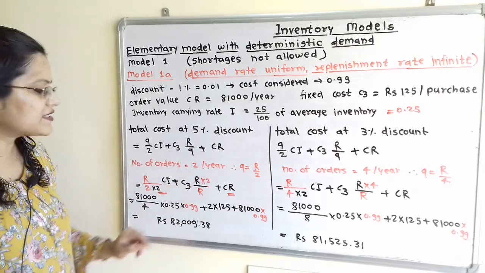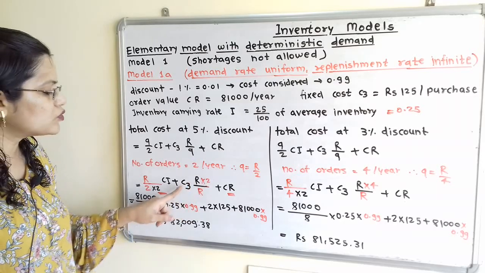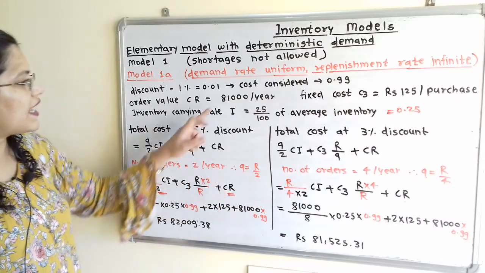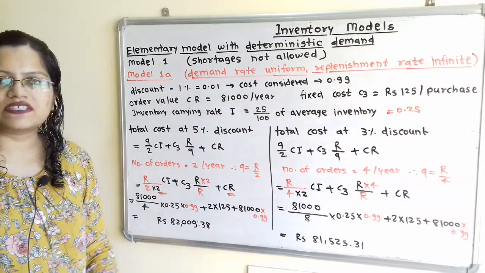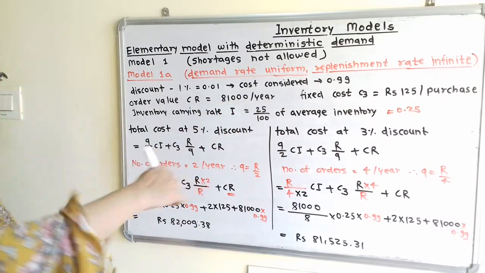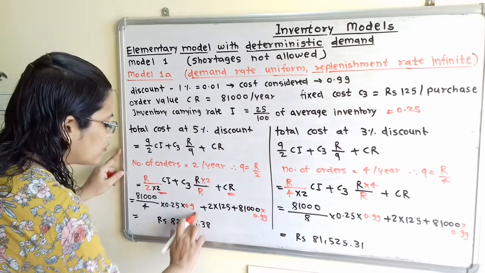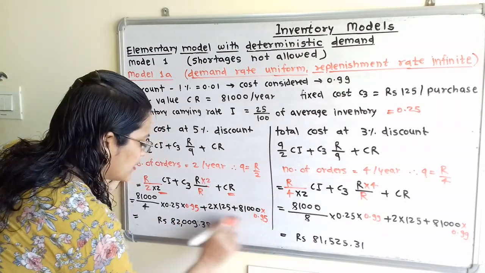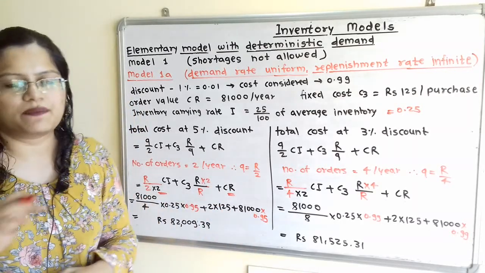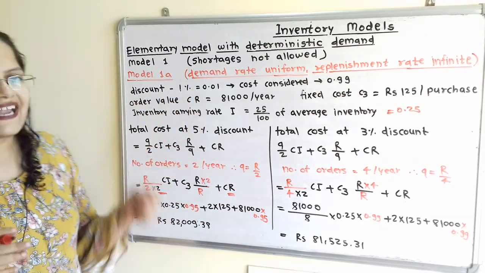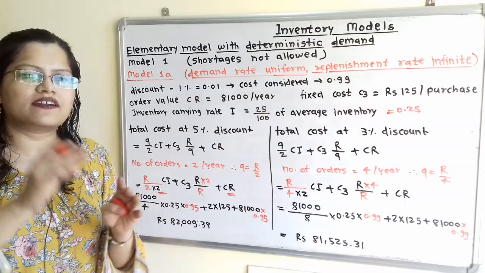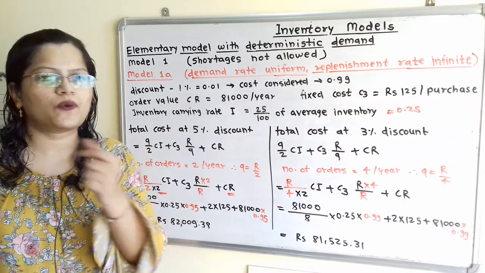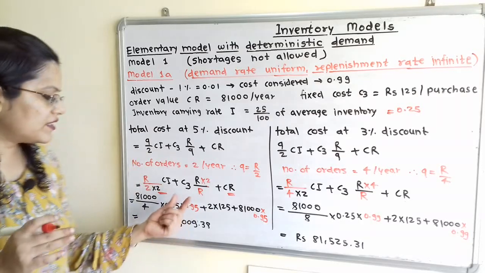Now this R is getting cancelled. So there is 2C3, that is 2 into 125, plus CR. So CR is 81,000 and discount is applicable. So here 5% discount, that means we have to take 0.95, because we have to refer only to 100 minus 0.05, that is, we have to consider the 0.95 part of the total cost.